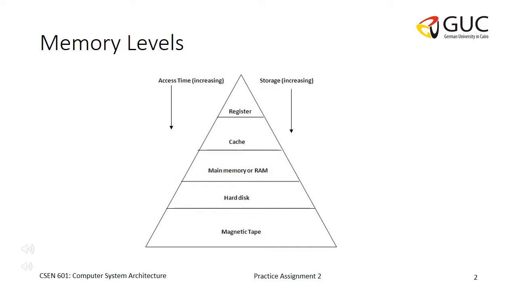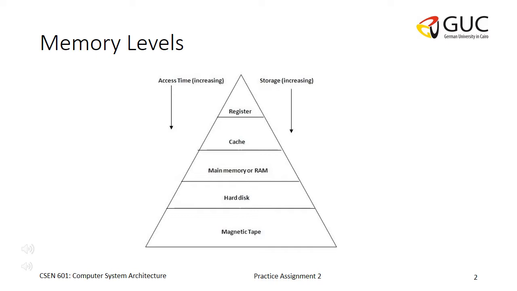Why do the size and the speed differ? Because of a main factor, which is the price. Because the registers are very expensive, and the material which it is fabricated from is very expensive compared to the cache, compared to the main memory, and so on.